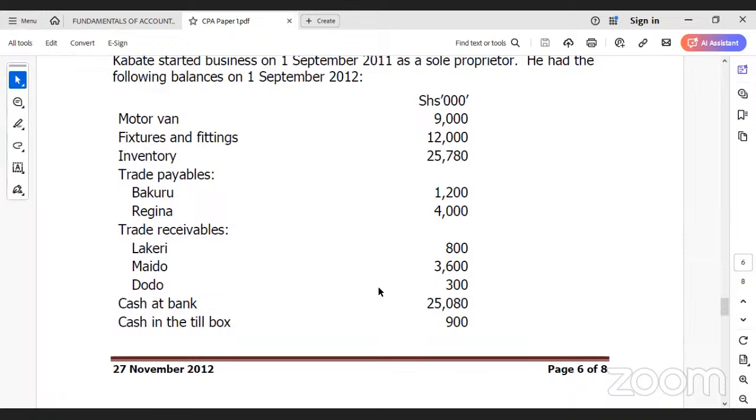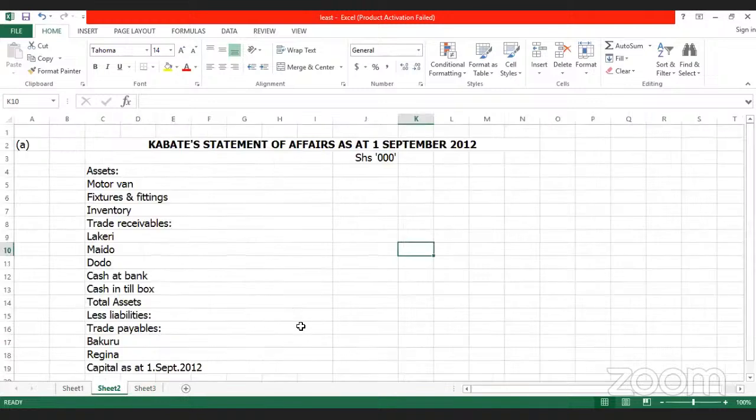So I'm going to list the assets of Kabate, and then we deduct the liabilities to arrive at the opening capital. So take a screenshot, then we are going to see how we can come up with the opening statement of affairs for Kabate's business. That statement, I've told you, is always prepared to arrive at the opening capital of the business.